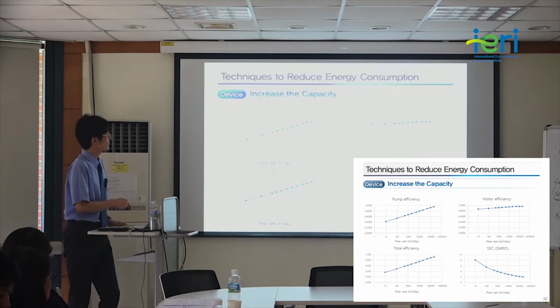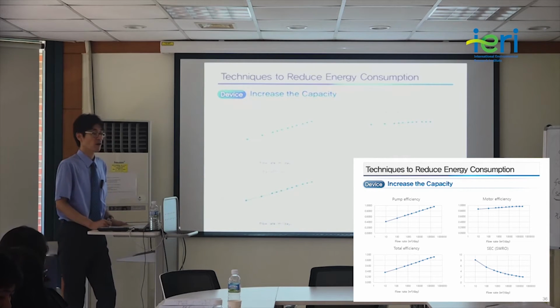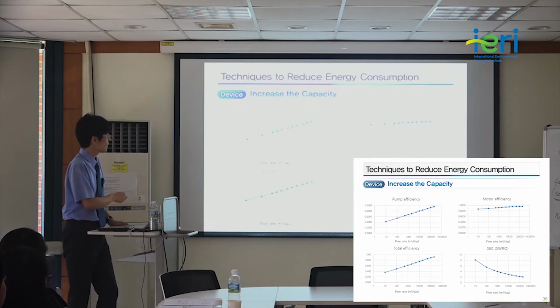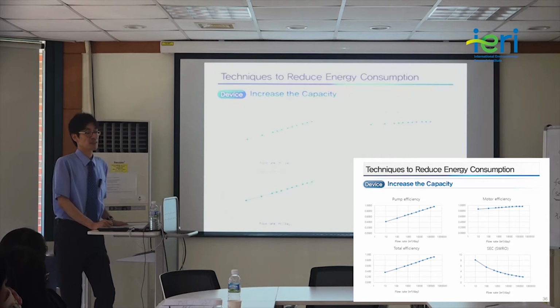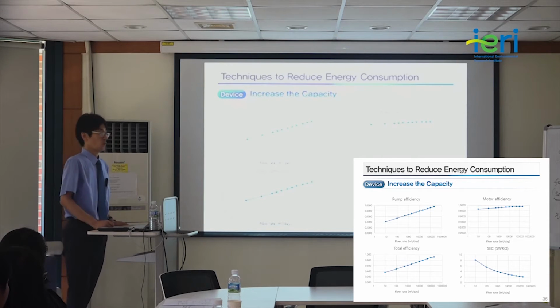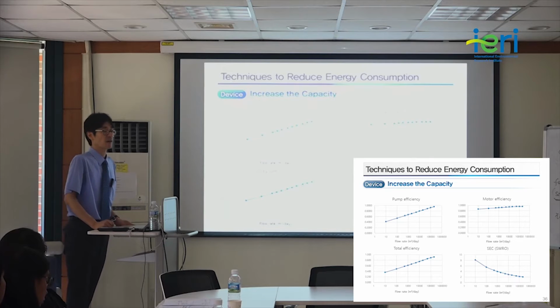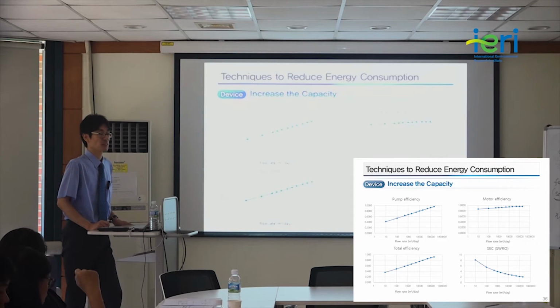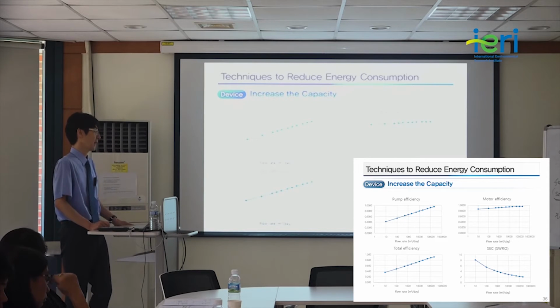In a small-scale system where the water production is less than 100 cubic meter per day, the total efficiency is less than 0.5, which is a big handicap compared with a larger scale desalination plant, which has a total efficiency of more than 0.8 or 0.9.